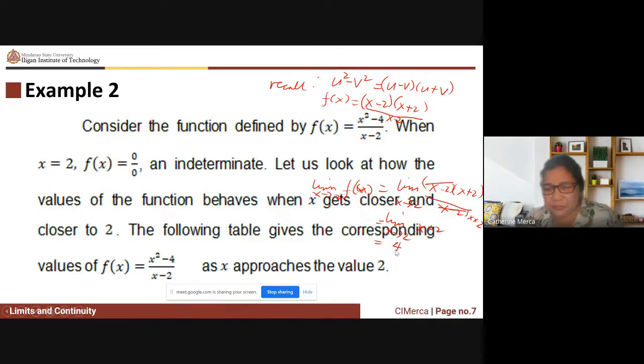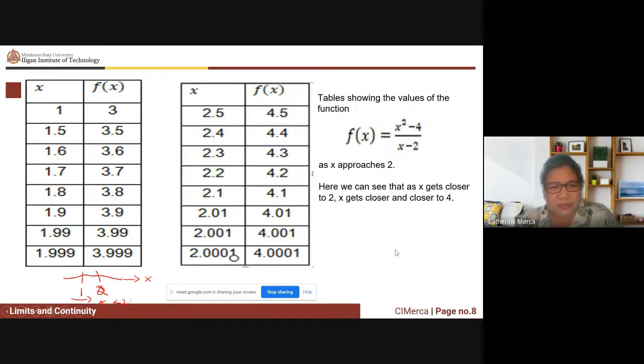Correct? So because also when we take values, let's see. This is your 2 and you approach it from the right, that is x is greater than 2. You have here, say 2.5 before reaching 2. What's the value of the function? You have 4.5.